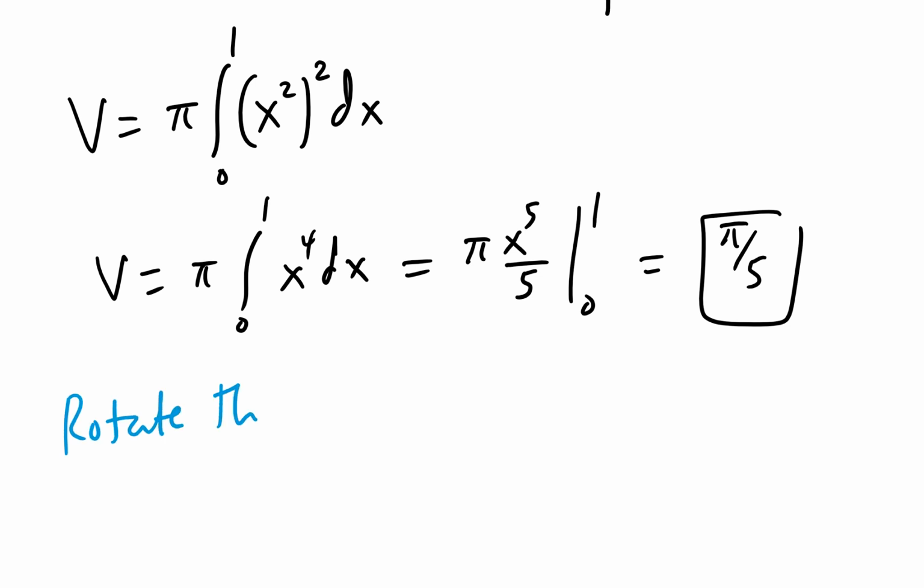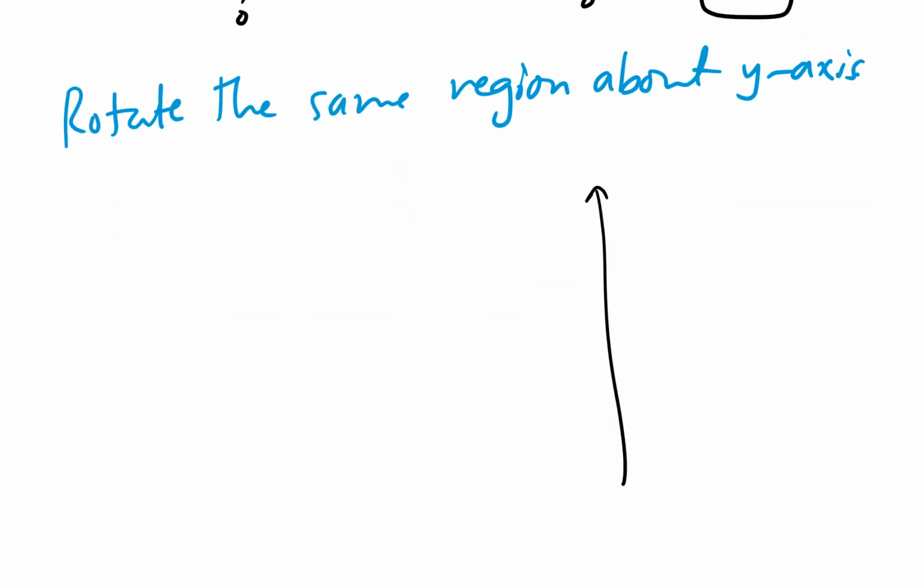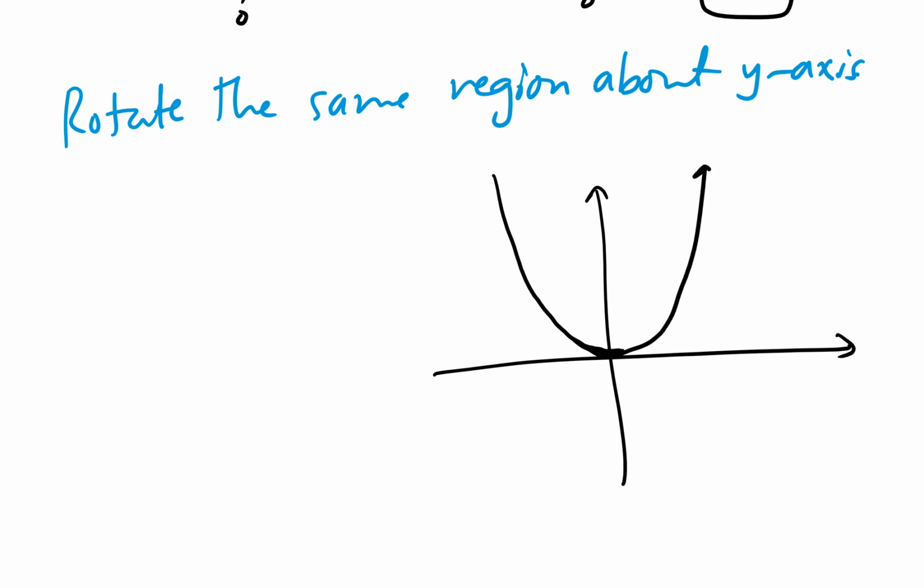If we rotate the same region about the y-axis, we need to find the volume of the solid obtained. So the same region, I'm going to redraw it here. y equals x squared. And now we're revolving about the y-axis, right?